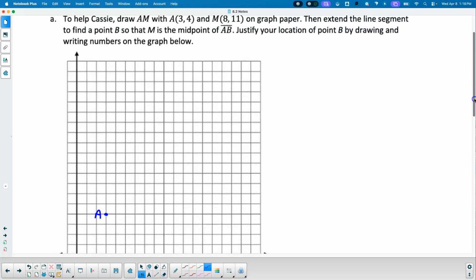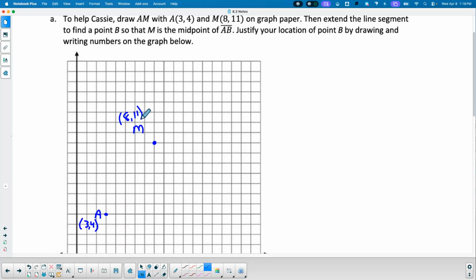Okay, so A is there, and that's 3, 4. M is at 8. 4, 5, 6, 7, 8. 5, 6, 7, 8, 9, 10, 11. Right? Okay. So M is the midpoint of AB.